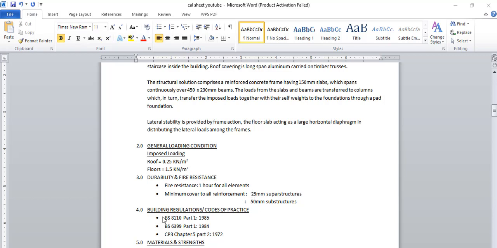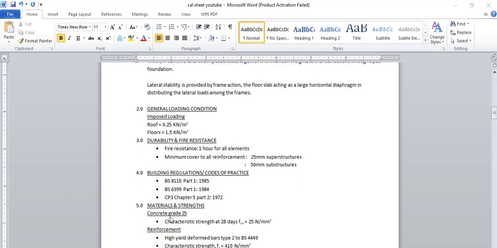The next one is, which codes did you use in your design? These are the codes that were used. The material and the strength used: concrete grade 25, characteristic strength at 28 days, FCU is 25 Newton per millimeter square. So you determine all that here. And the reinforcement, this is the reinforcement you use. This is the assumed strength that I'm using.